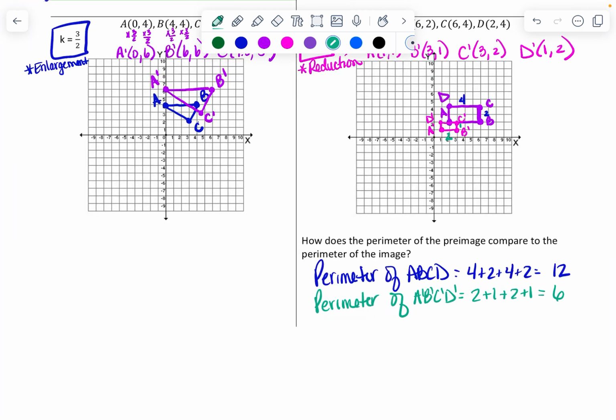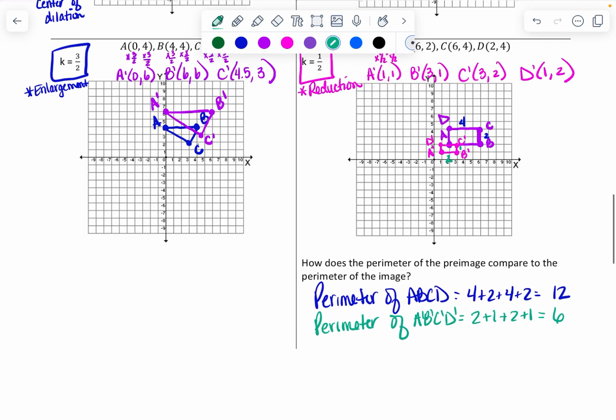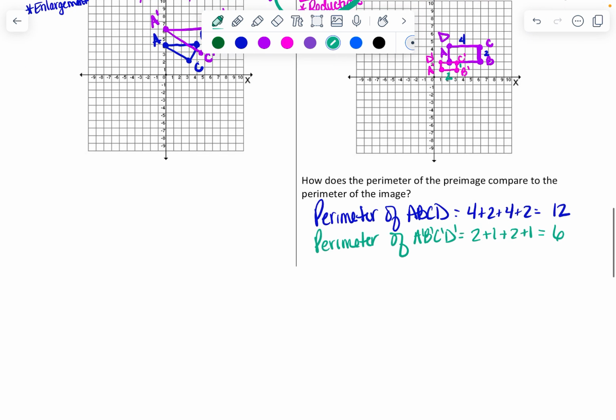Well, take a look at that. What's the relationship between the perimeter of the pre-image to the image? Well, you can see it's half as big. And that should make sense. If you are reducing each side by half, the sum of all those 4 sides is also going to be reduced by half. And so that's a really important thing that I want you guys to know.